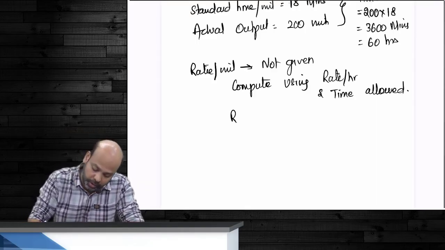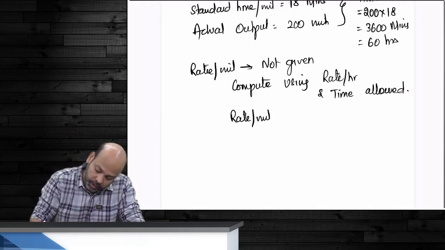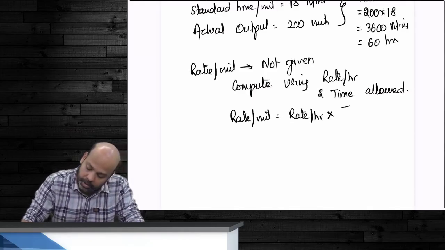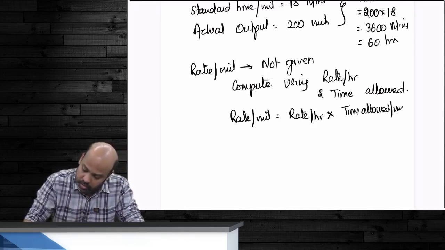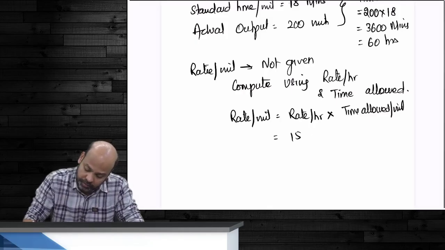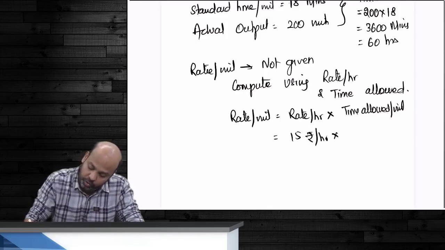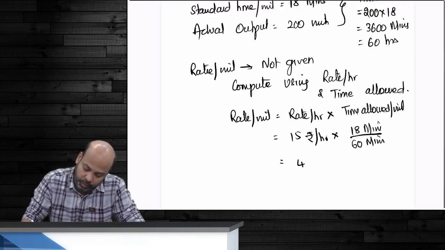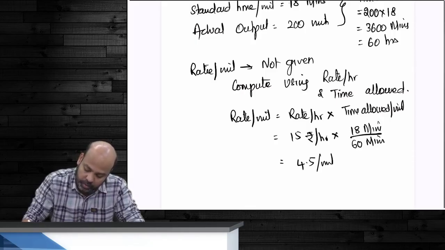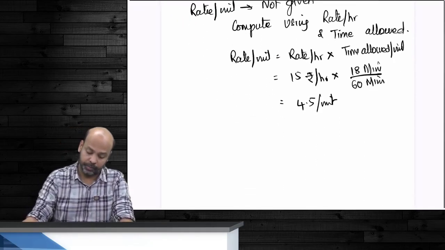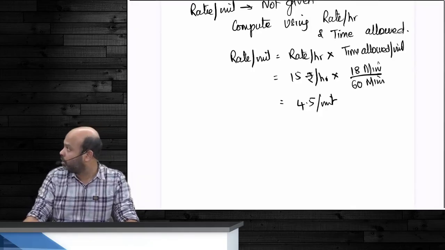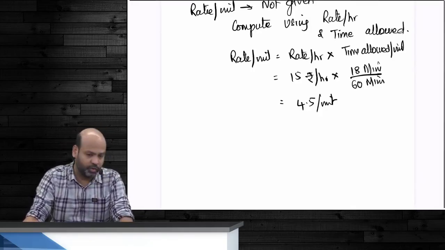So your rate per unit, guys, will be equal to rate per hour multiplied by time allowed per unit. 15 rupees per hour into, you should write time allowed in terms of hours, that will be 0.3 hours. 4.5 rupees per unit. Rate per unit will be 4.5.